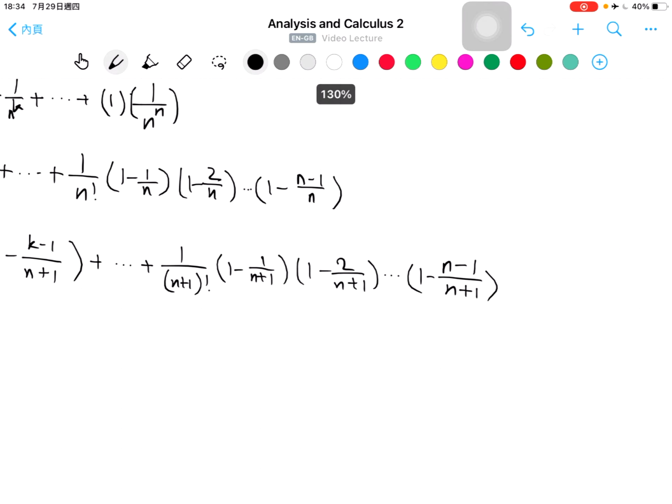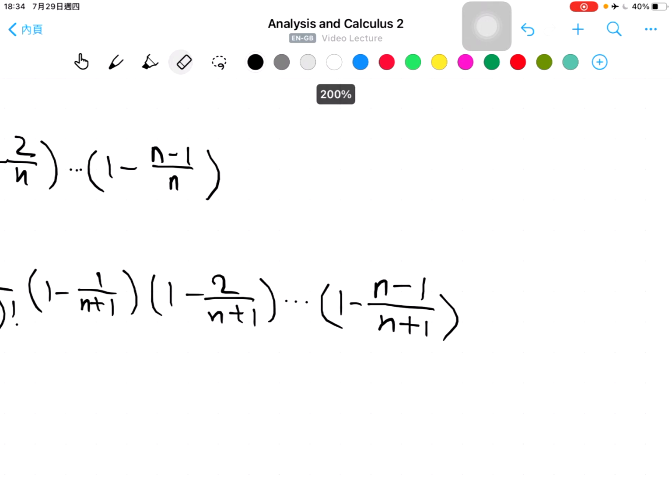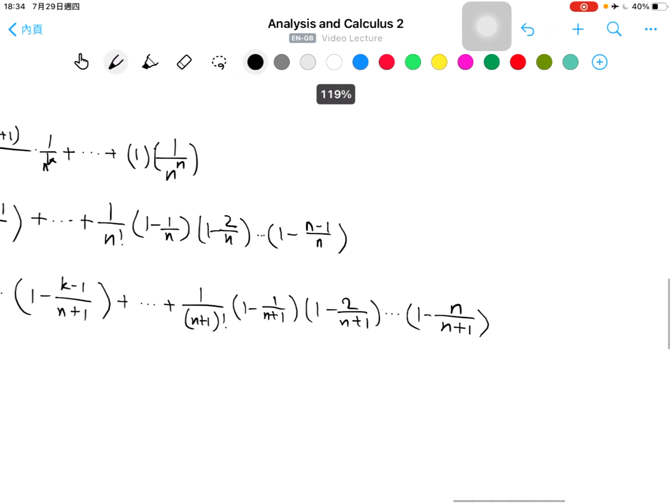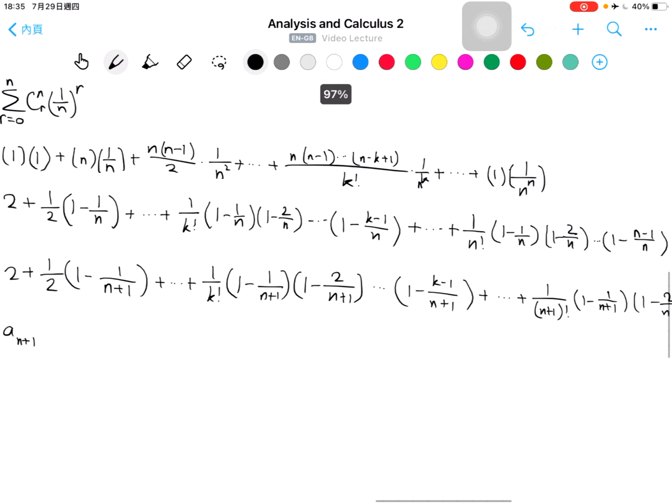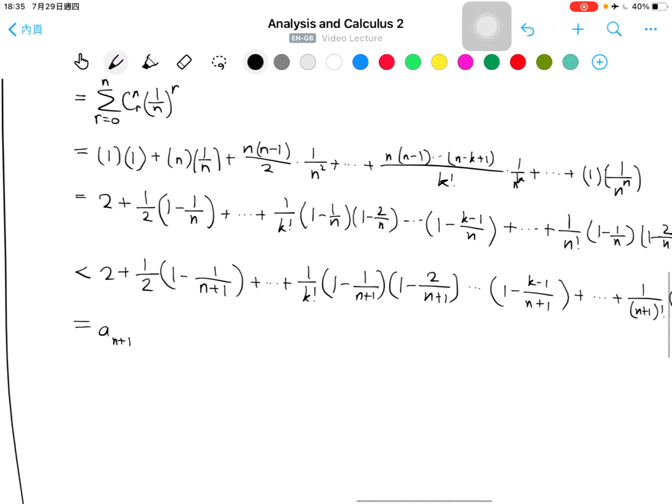But now, wait, no. Why have I forgotten this? I have to change this as well. If you compare the terms all the way up to 1 over n factorial, the terms are increased except this 2.